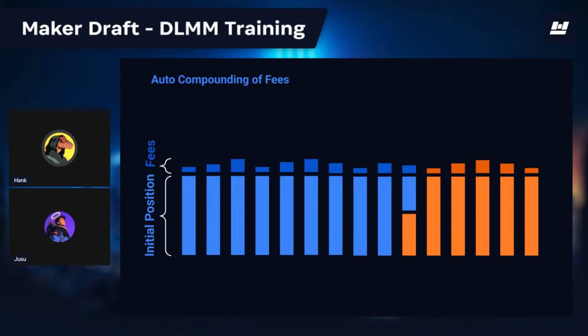And it also gives you an indicator of where there has been a lot of price action and trading happening. And these fees auto compound, and you would need to remove those bins in order to harvest those fees. So you do not need to manually harvest those fees. The front end will show you what you've earned, but they're all within the liquidity of the bins, auto compounding.